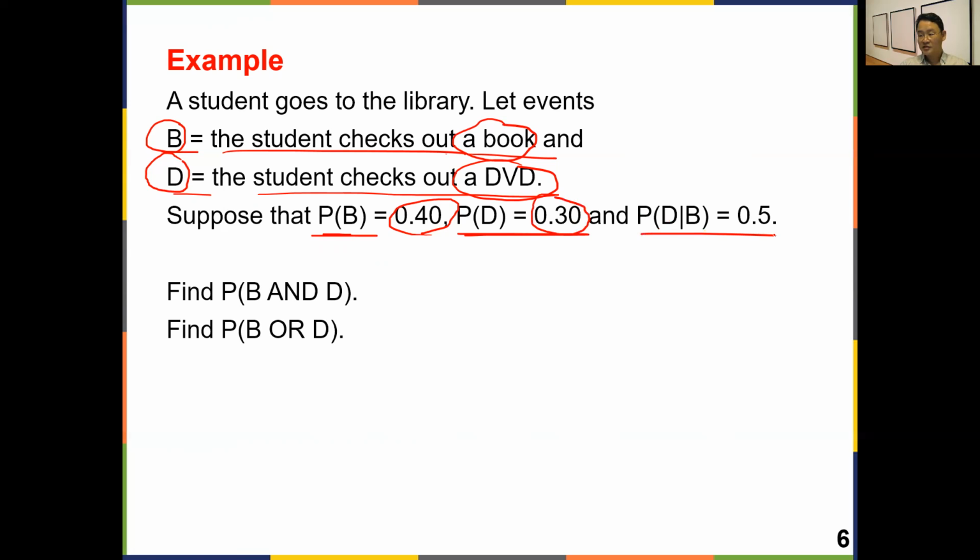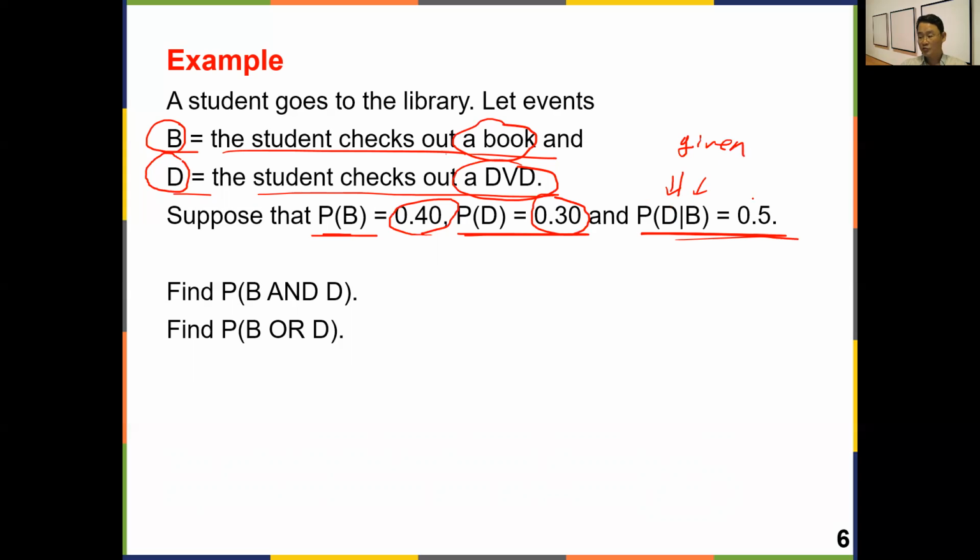Now let's take a look at this and try to interpret it. What does that mean? It is the probability of the student checking out one DVD, given the condition that the student already decided to check out one book. That's what this means, because this is given.